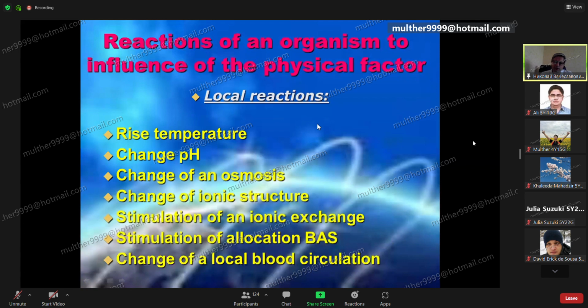As for local reactions, there are rising of local temperature, change of pH parameter, osmosis, and ionic structure changes, stimulation of ionic exchange between cells and external membrane, and the releasing of biologically active substances by cells.